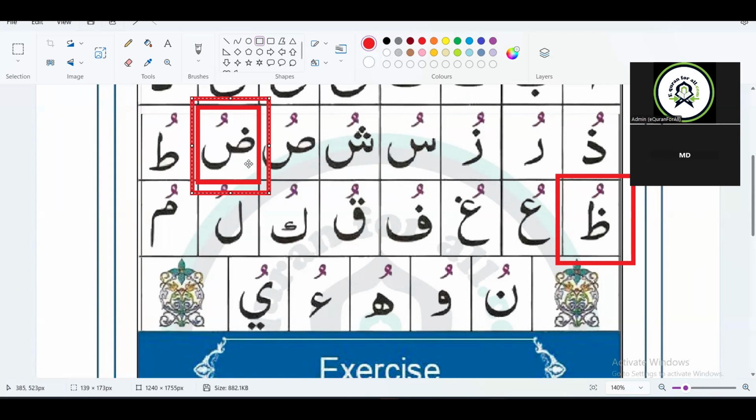Whenever you listen to anybody reciting zoo or za or z, that is reading incorrectly. So this letter is purely dod, so it must be read like do if it has fatha, da, or kasra, di. Understood? So it's read as the bold letter, the dot.